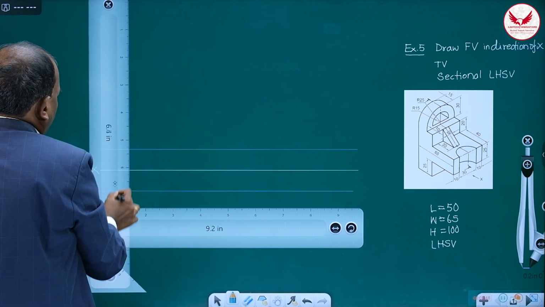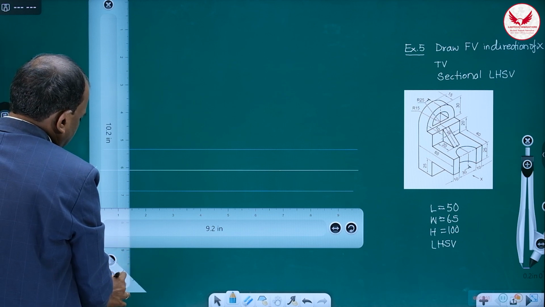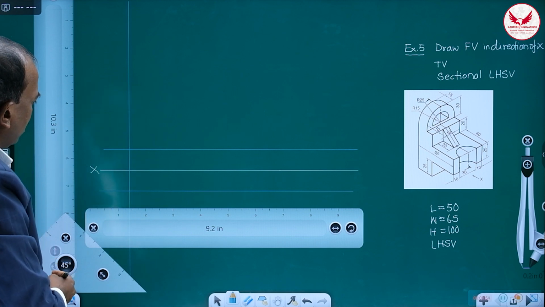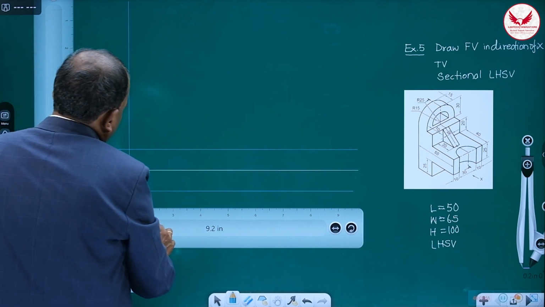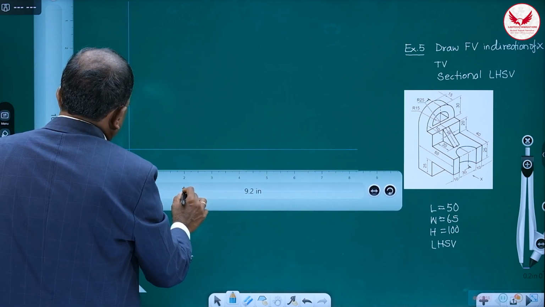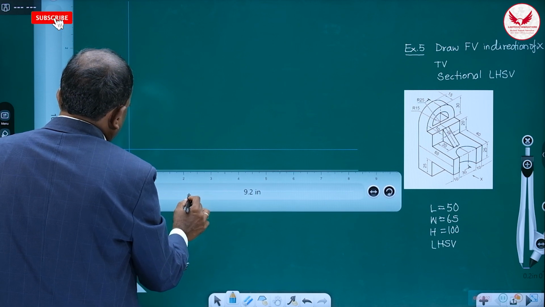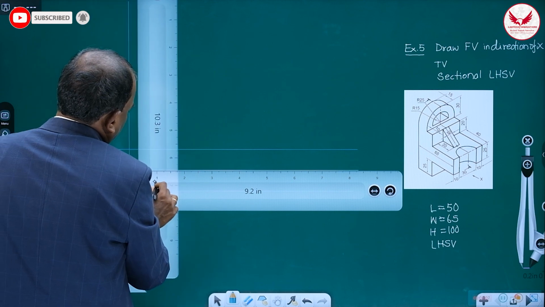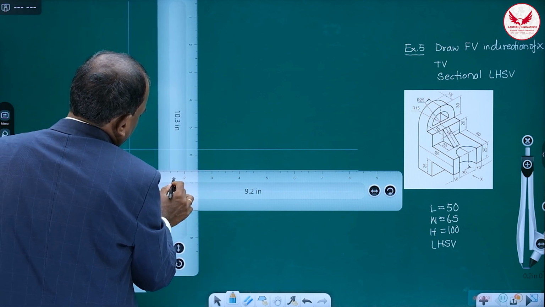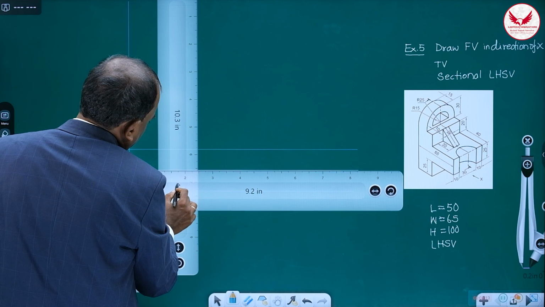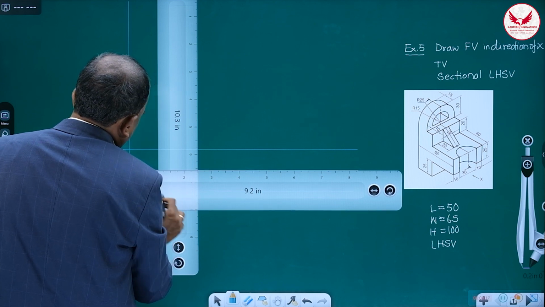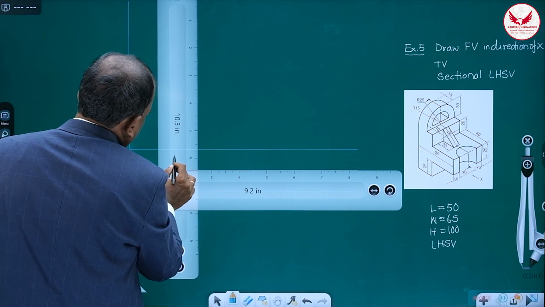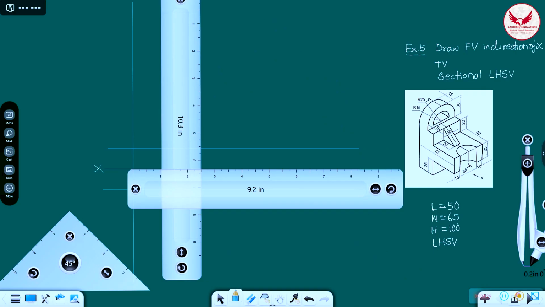Mark this right from the top, because the height and width of this object are more, so we have to take that care also. Then the length of this object is less. The length is only 50, with 20 and 30, so we can mark 50 like this.